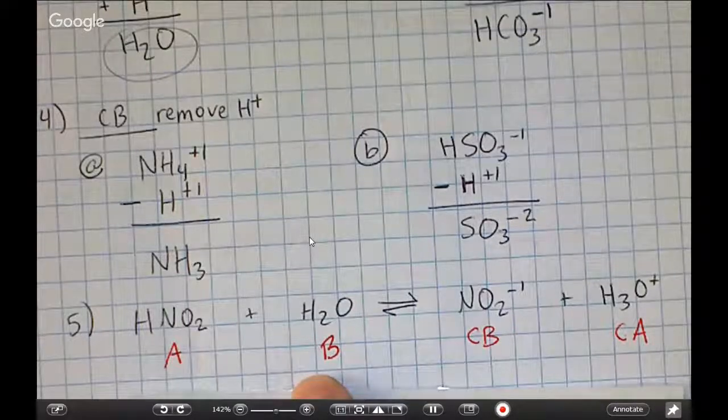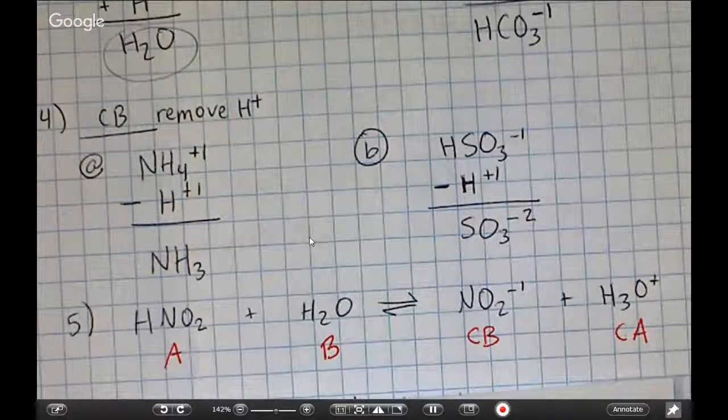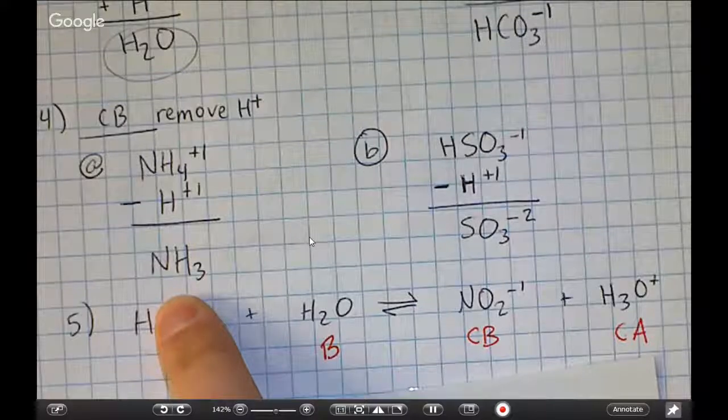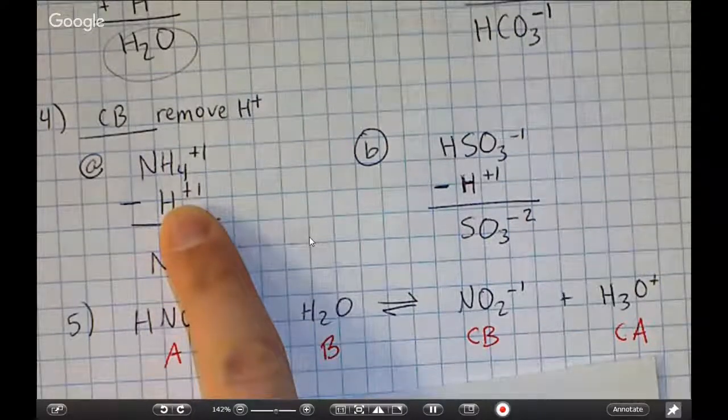What term do we give to water if it can be an acid and a base? Neutral. Amphoteric. Yep. So amphoteric can behave as both. In fact, NH3 can gain a proton to become NH4 plus 1.